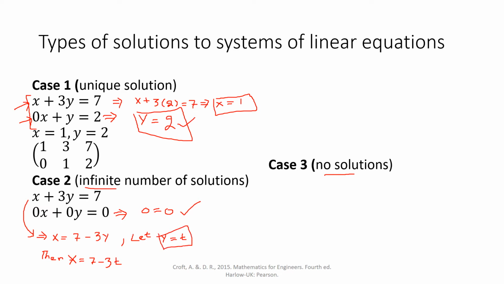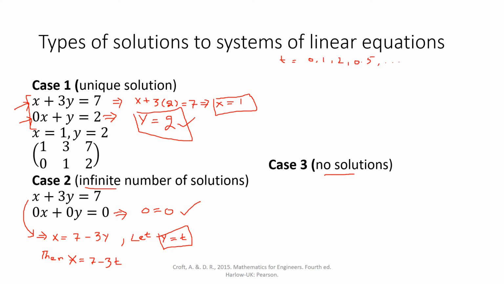Now look at this. How many values of t can we take? We can take 0, 1, 2, 0.5, and so on. Even -1, you can take on the negative side as well. A lot of values.